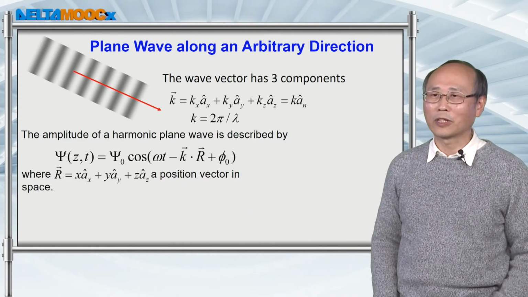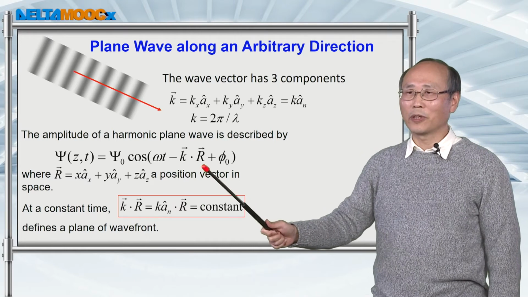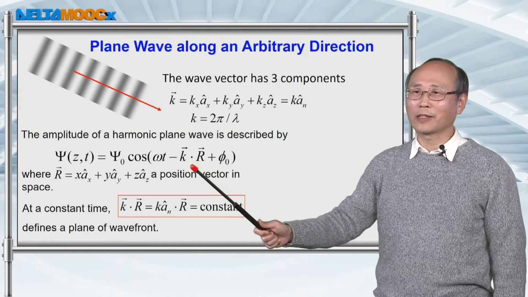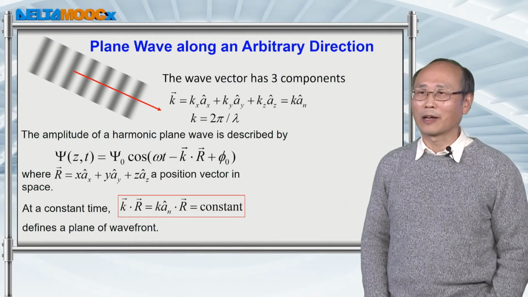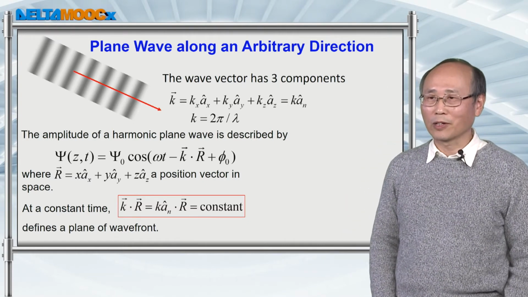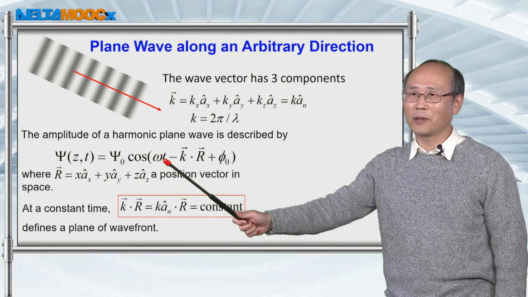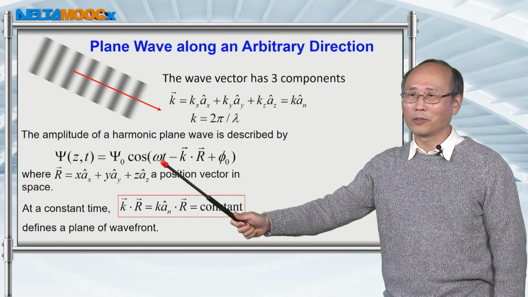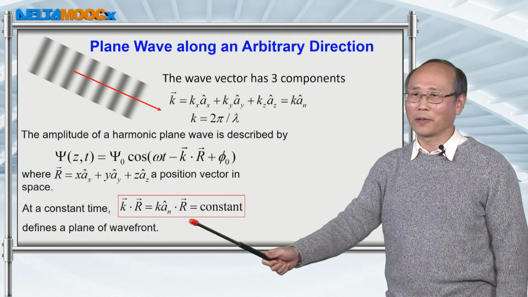So now let's set this to be a constant, because we argue that if you set this phase to be a constant, then we can construct the plane of the wavefront. So at a fixed time, say equal to 0, you have k dot r equal to a constant.